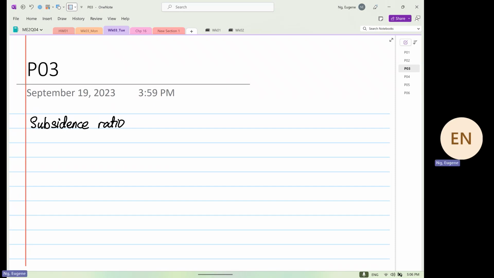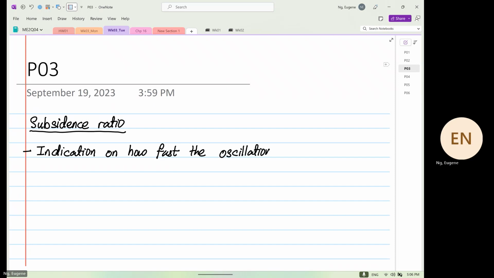So subsidence ratio is an indication on how fast the oscillation decays. How fast it dies down.